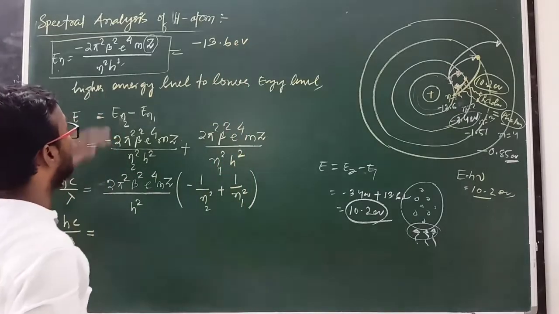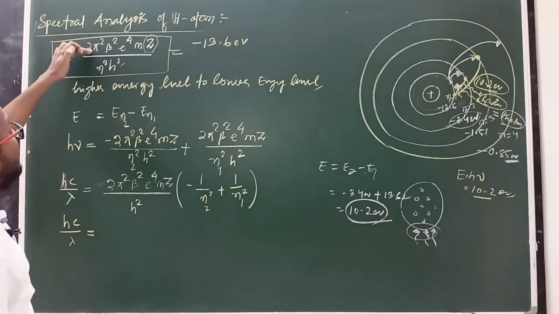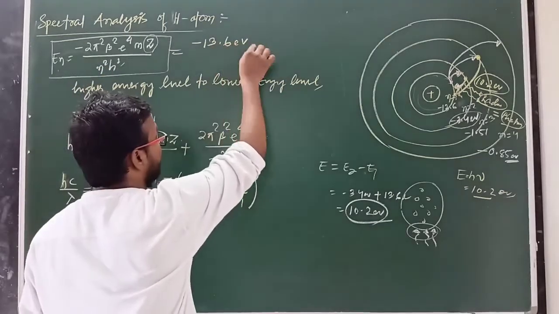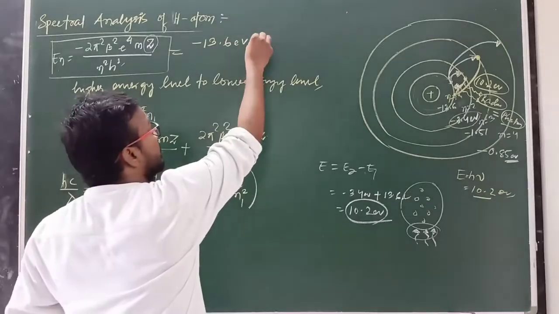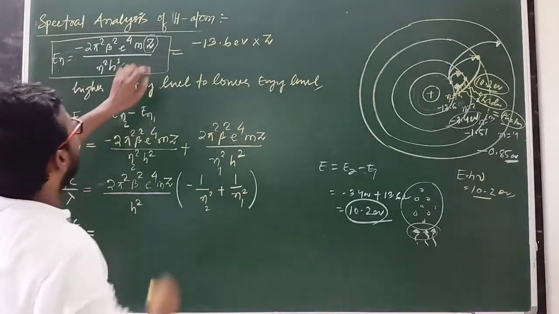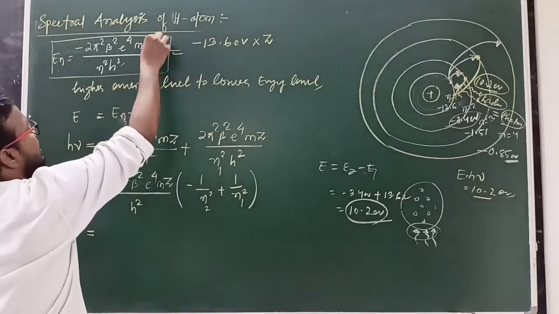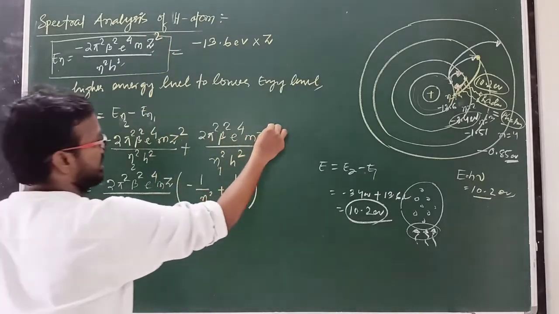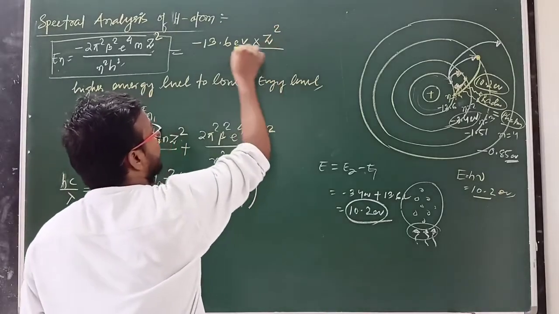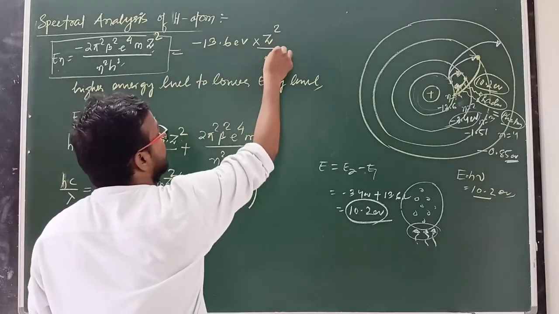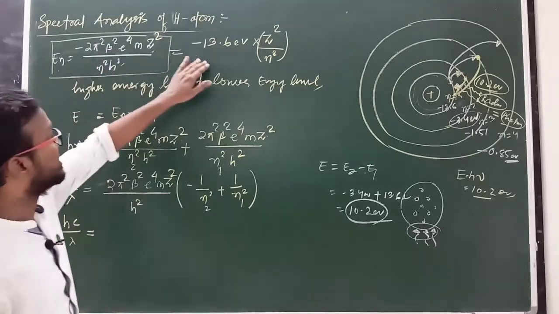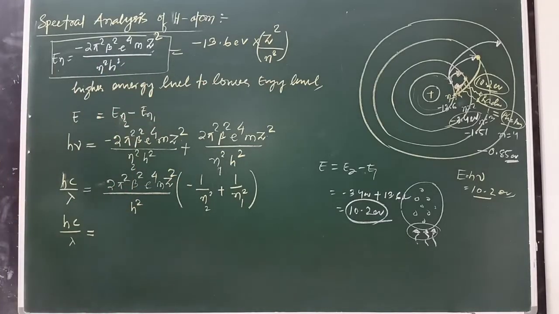If we use all the values, mass of electron, beta, pi, and h, the Planck constant, then you will get the relation minus 13.6 electron volt into z square, sorry, this term is z square, not z, z square divided by n square. This is the general formula. Clear? If you solve this relation, then you will get the final relation like this.